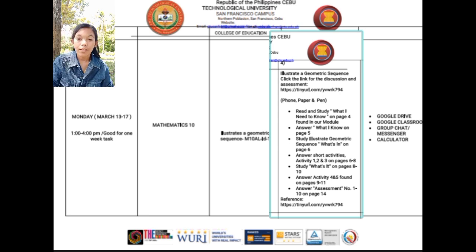In our Google Classroom I sent the Grade 10 module. Read and study What I Need to Know on page 4 found in the module. Next, answer What I Know on page 5. Study and illustrate geometric sequence, What's In on page 6.